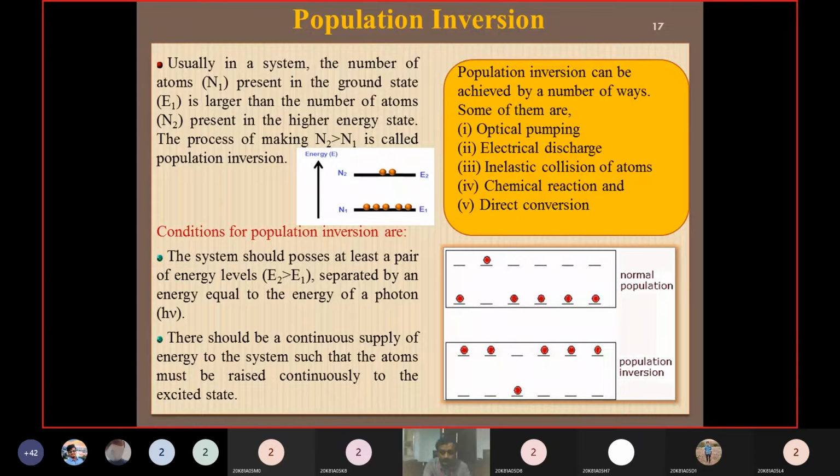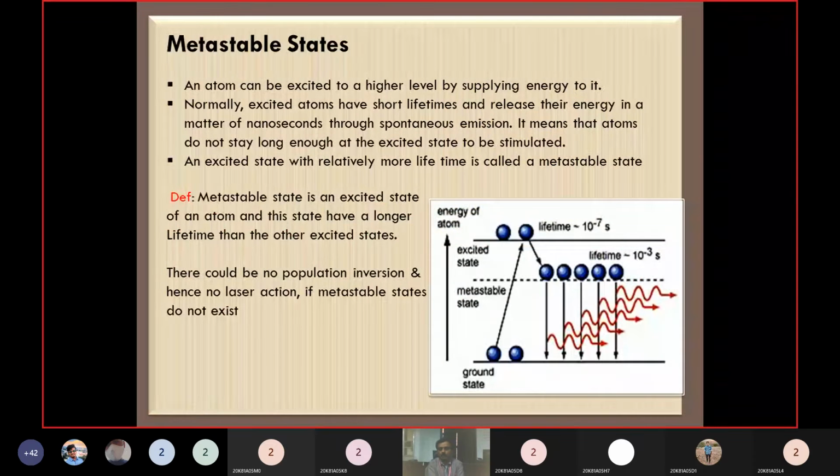For reducing this problem, for getting a solution to the two level laser system, we are using another level system, that is the metastable state. First of all, what is the definition of metastable state? Metastable state is an excited state.